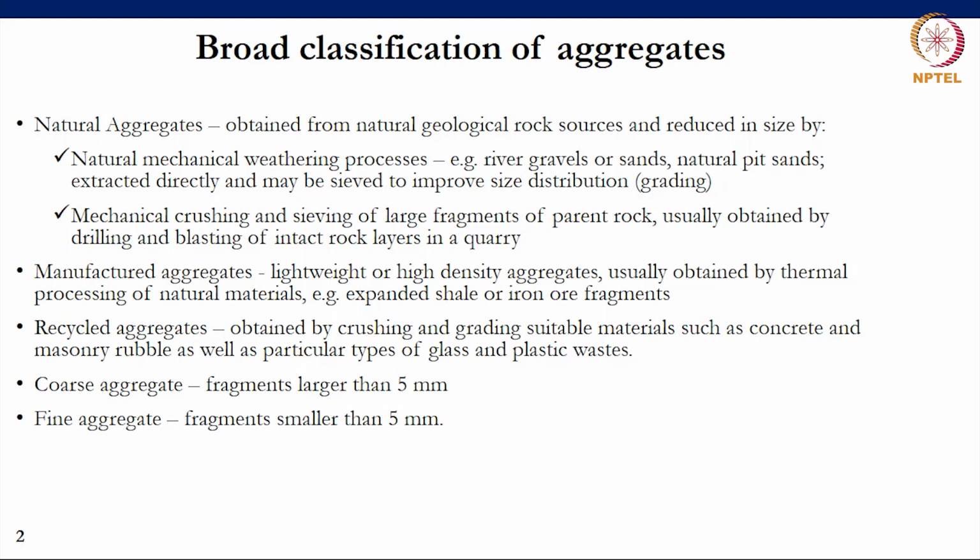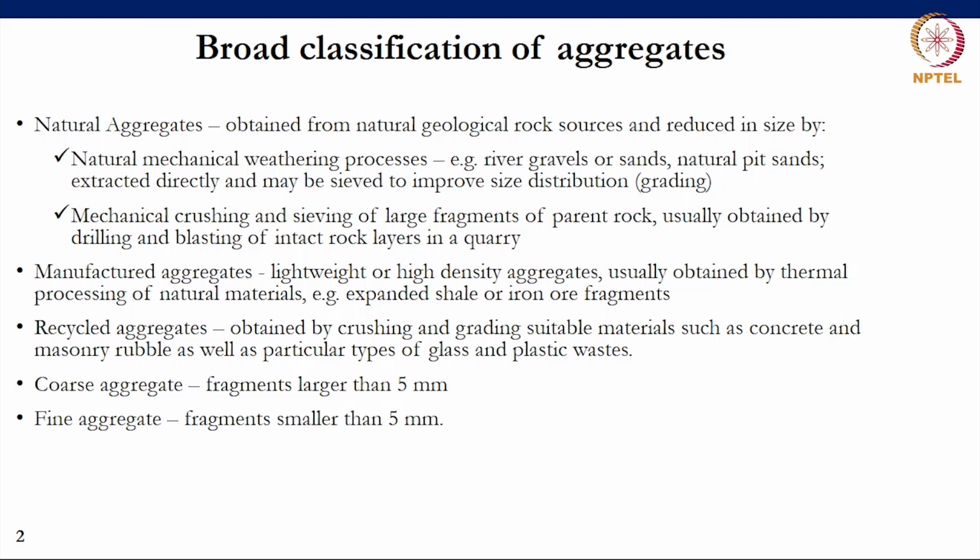These are usually extracted directly from the ground and may well be sieved in order to improve size distribution or its grading. Then, of course, we have natural aggregates that are mechanically crushed and sieved from larger fragments of parent rock. Usually, this is obtained by drilling and blasting of intact rock layers in a quarry.